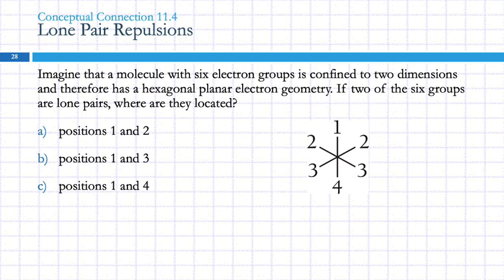So they're saying that this is a flat molecule. So just as it looks, it's flat, and we're going to have 2 lone pairs. So if this is one of the lone pairs, where would the other lone pair be? It would be on the opposite side because they hate each other the most. So it would be positions 1 and 4.